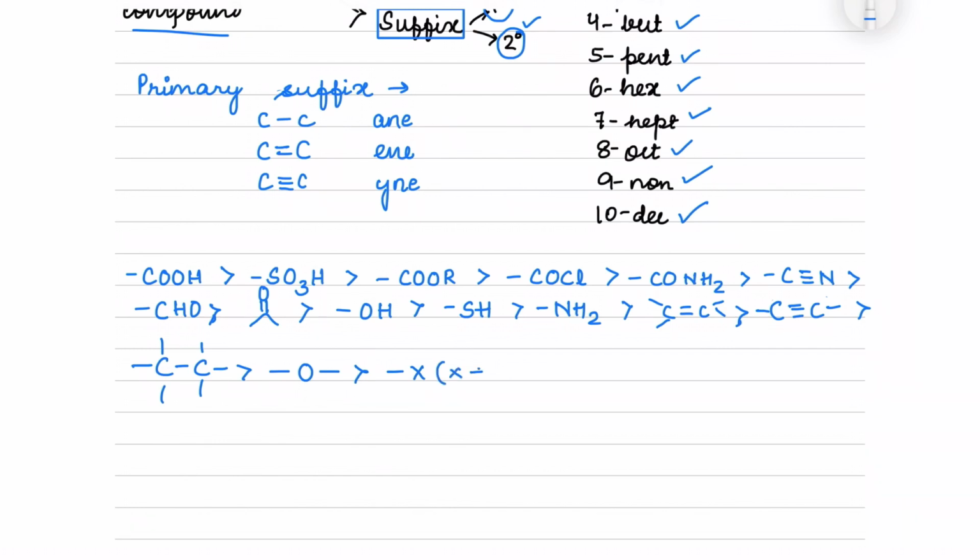Halogens here, X refers to chlorine, fluorine, bromine, iodine, followed by NO2, nitro.